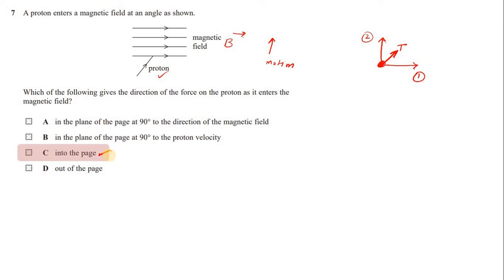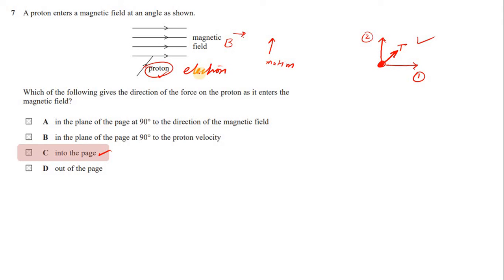The option is C. Remember, they might give you an electron instead of a proton. If an electron is moving in the same direction in the same magnetic field, you apply Fleming's left hand rule in exactly the same way. There is no difference at all. So you will find the thumb into the page.